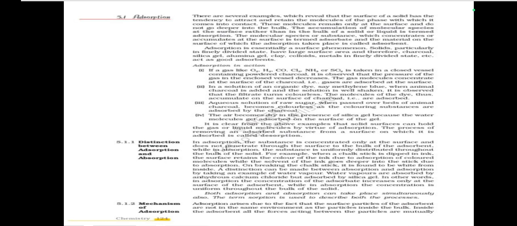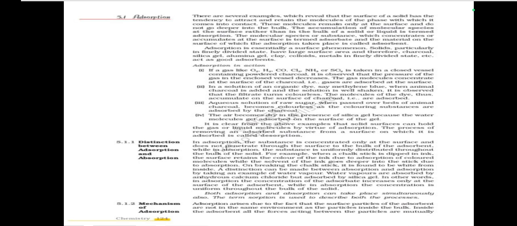Aqueous solution of raw sugar when passed over beds of animal charcoal becomes colorless, as the coloring substances are adsorbed by the charcoal. Air becomes dry in the presence of silica gel because the water molecules get adsorbed on the surface of the gel.